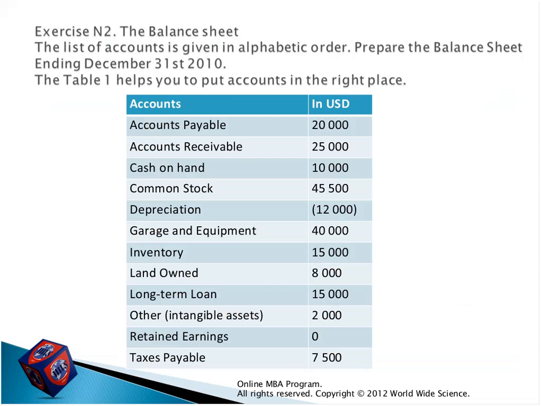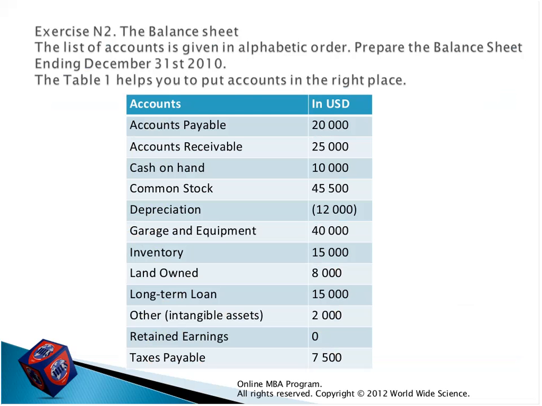Here we have accounts payable, accounts receivable, cash on hand, common stock, depreciation, garage and equipment, inventory, land owned, long-term loans, other, retained earnings, as well as taxes payable. If any transaction is not clear, just let me know and we'll explain. I think it's all familiar already, right?